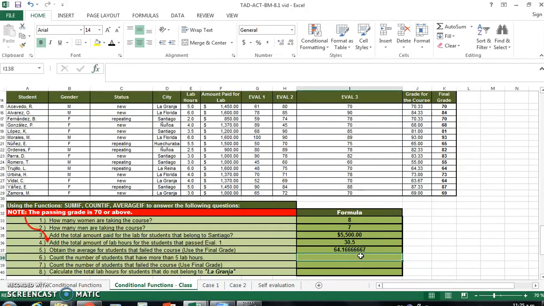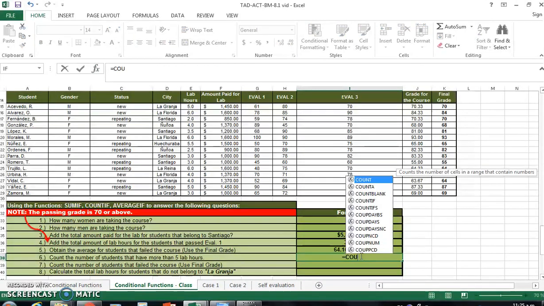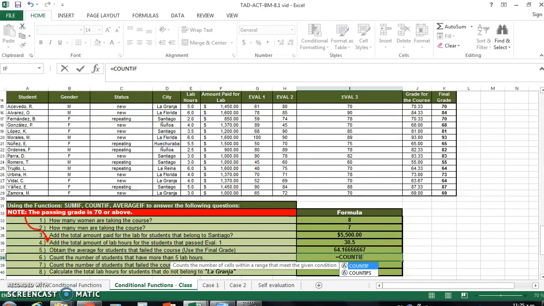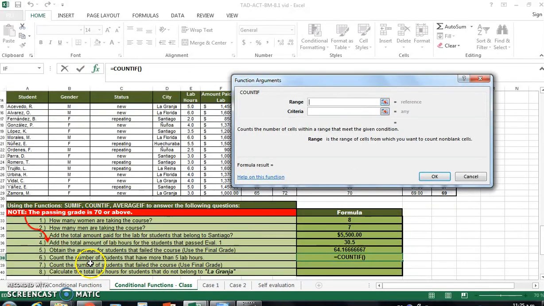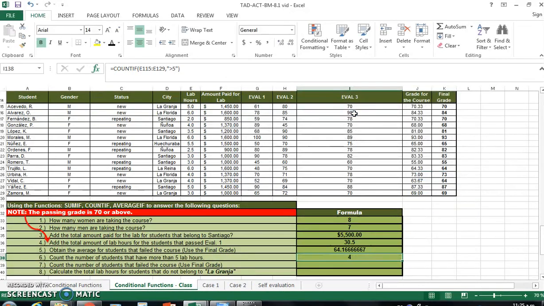The next one, count. So it's COUNTIF, because it's not for everybody, we have VIPs. In this case, it's the number of students that have more than 5 lab hours. So the cells for the VIPs are the lab hours, and the criteria is more than 5, so greater than 5. And then OK.